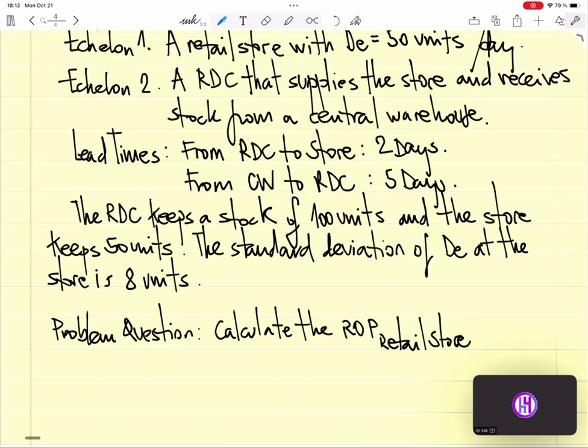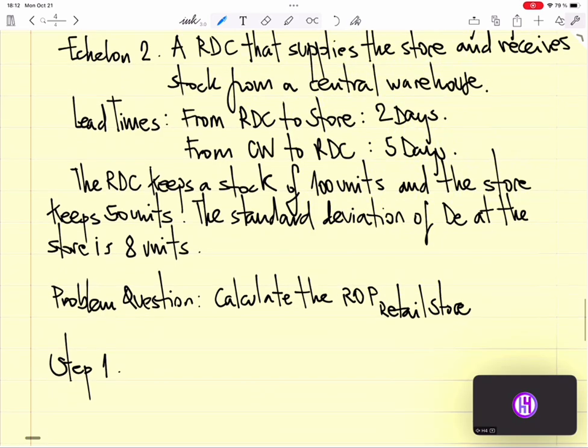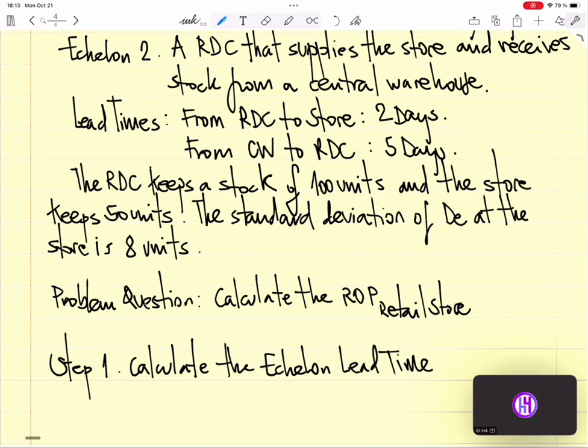So, the first step, step 1, is calculate the echelon lead time. We're gonna need it for the retail store.